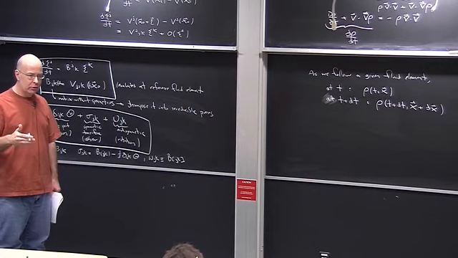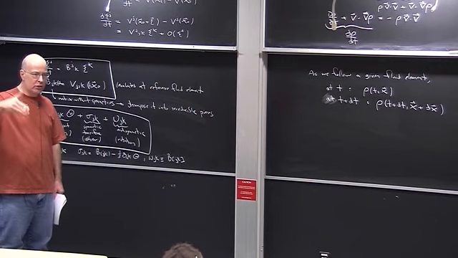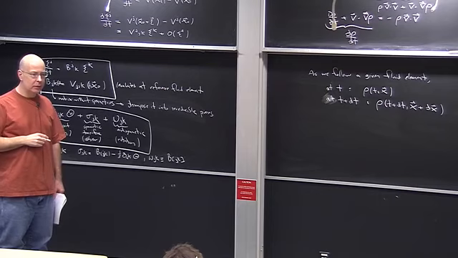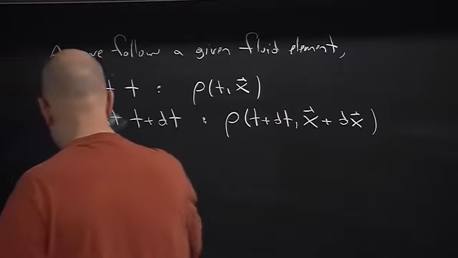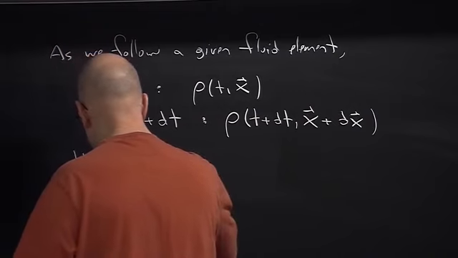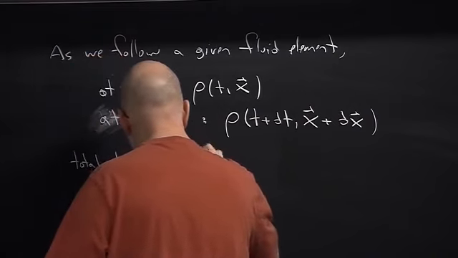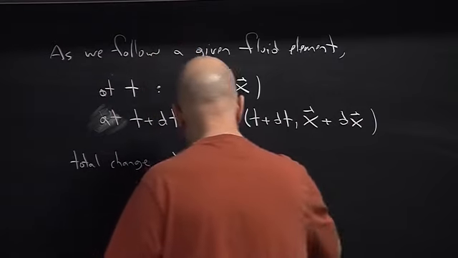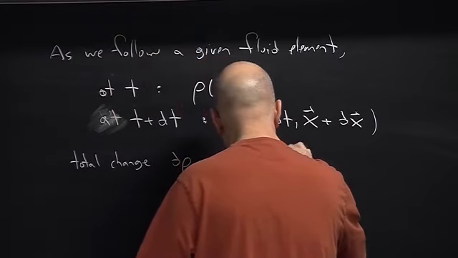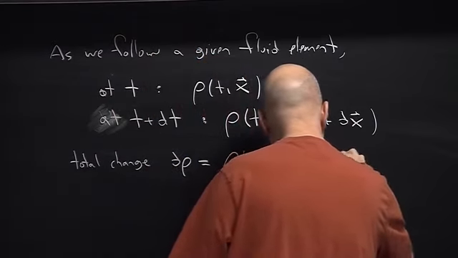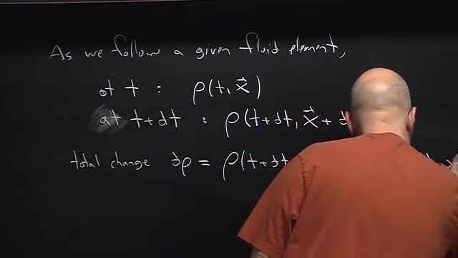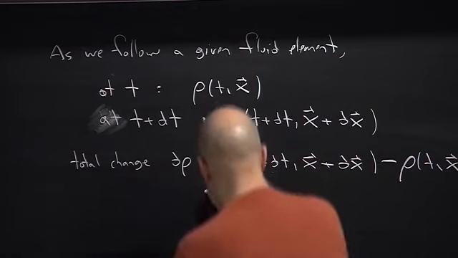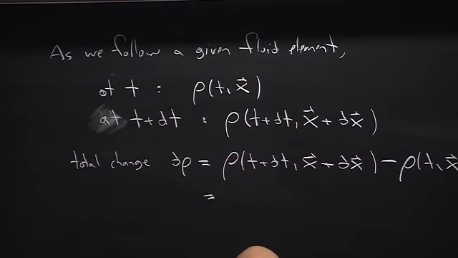So what I have to do is to evaluate the density at the right spot, which is the new spot of that fluid element. The total change, d rho, is going to be the difference between those two things.